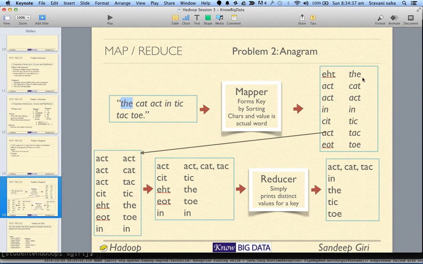EHT is the key and the is the word, right? Same is the case with cat. For cat, if you rearrange the letters, it will become act, right? And in case of act, the word will remain as is, act. In case of in, the word will also remain as is. But in case of tick, right? So the key is sorted characters of a word, and the value is the word itself, right?